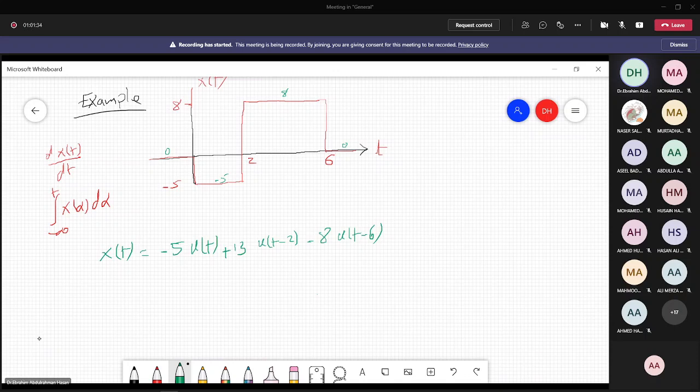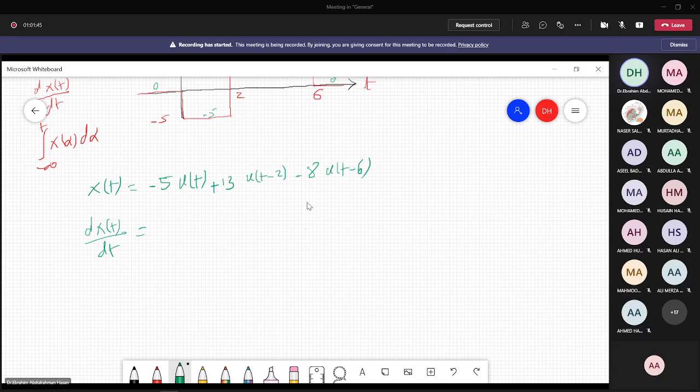Okay, what is the derivative of x of t? Simply, we know that the derivative of a step is equal to an impulse. So it is equal to minus 5 delta t plus 13 delta t minus 2 minus 8 delta t minus 6.